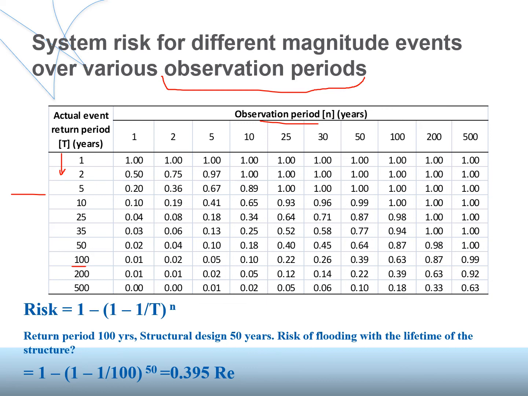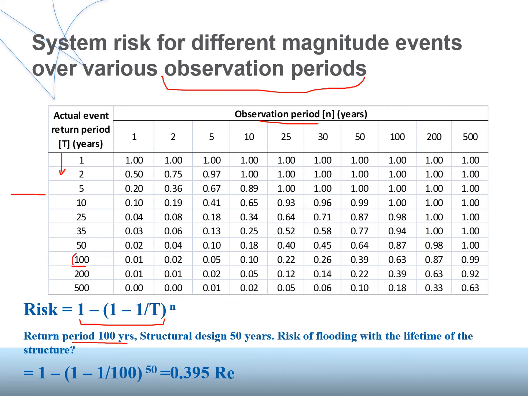So your structure, maybe the bridge, you may design for 25 years, or you may design the bridge for 50 years, even though you use a flood of different return period. So that's the risk that we calculated, and these values show the risk for different return periods and different observation periods. So for example, here the return period is 100 years.